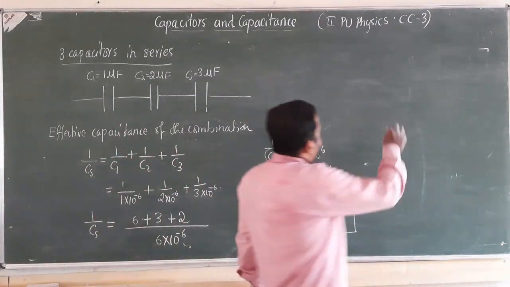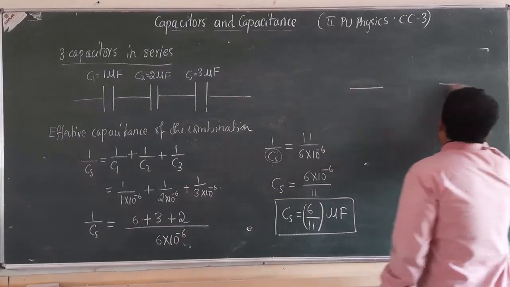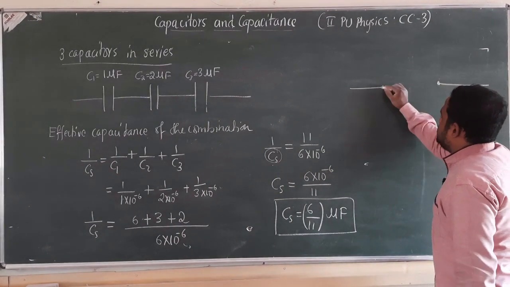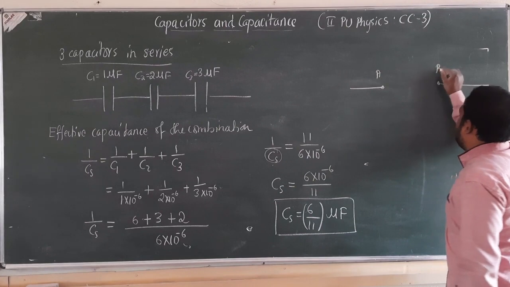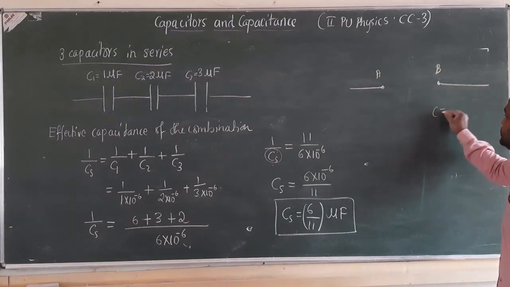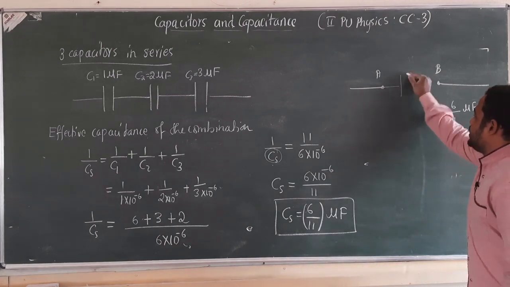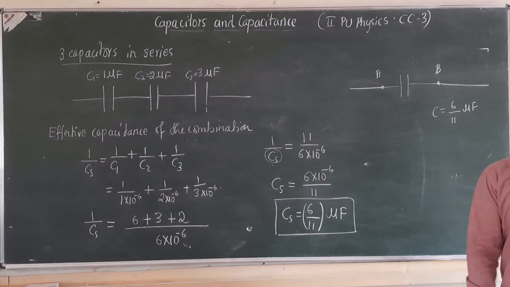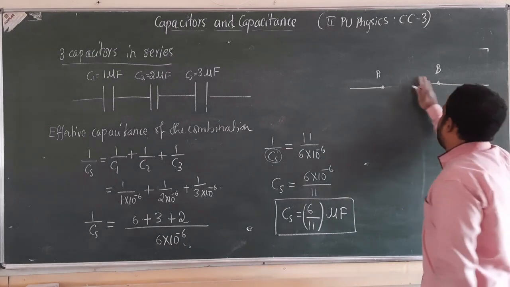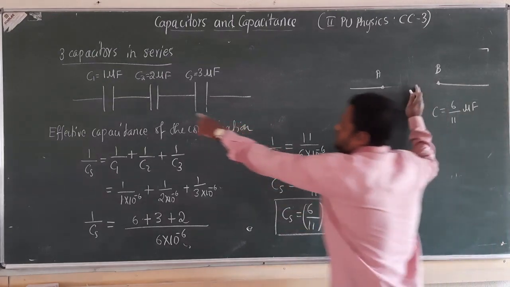Actually, in a circuit between the points A and B, our requirement is a capacitor whose capacitance is 6 by 11 microfarad. But this value is not available. If it is available, then we can connect only a single capacitor. But it is unavailable, so what we can do is we have these 3 values.